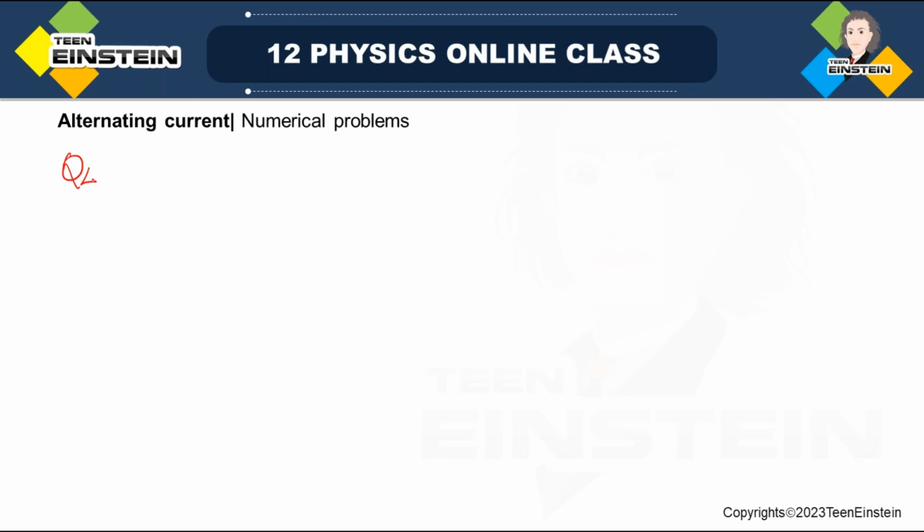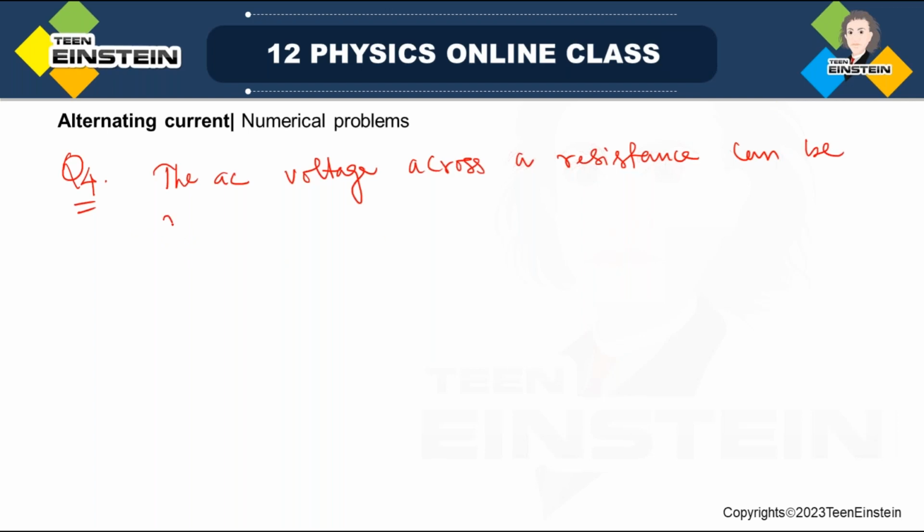The question is: the AC voltage across the resistance can be measured using option A, hot wire voltmeter.